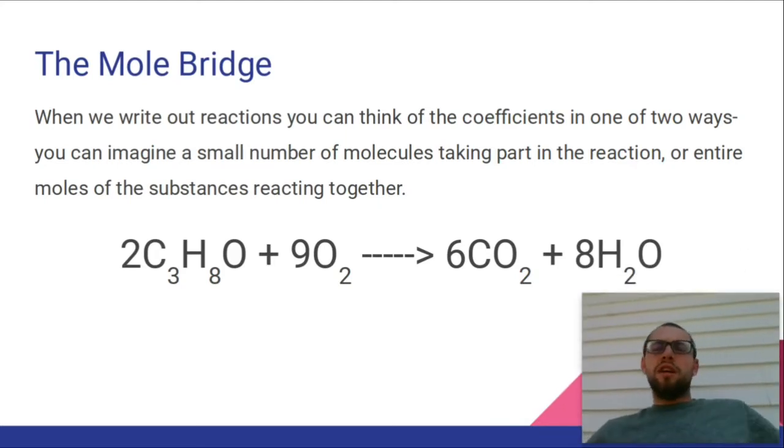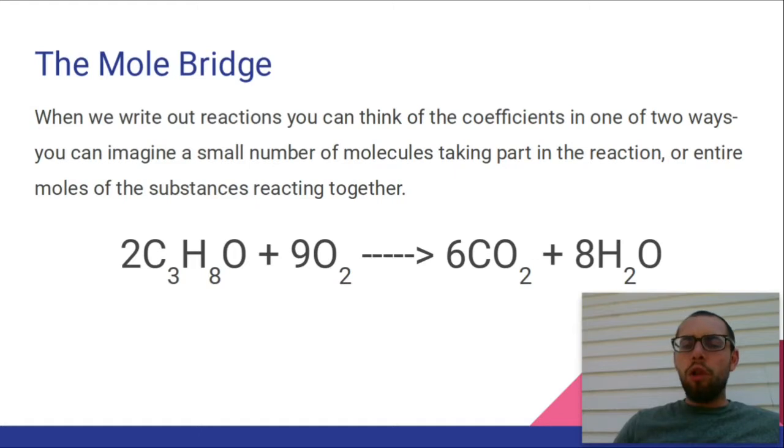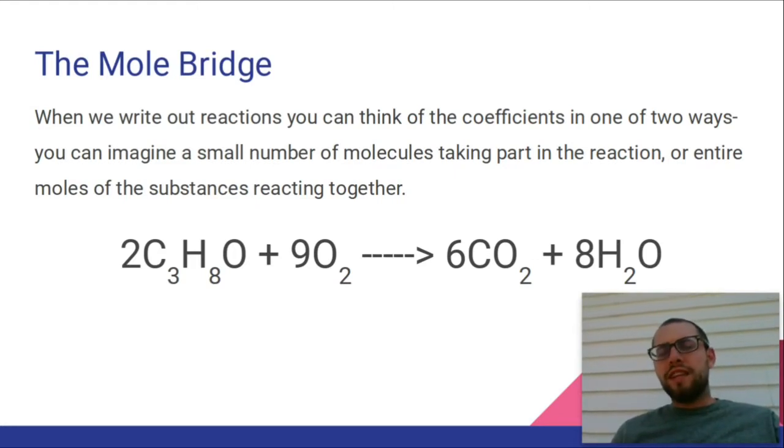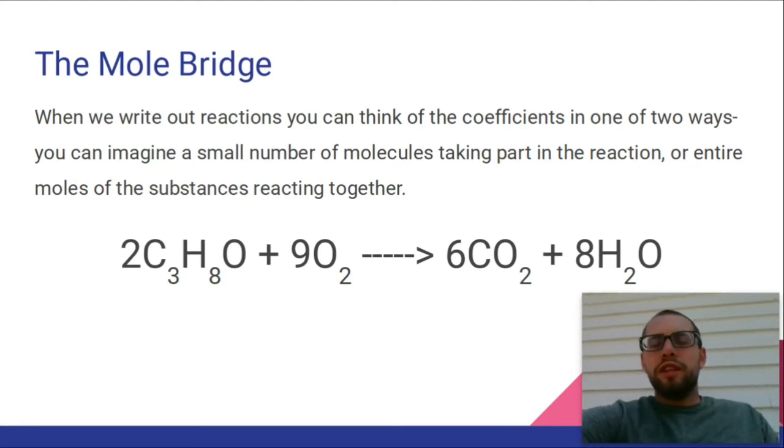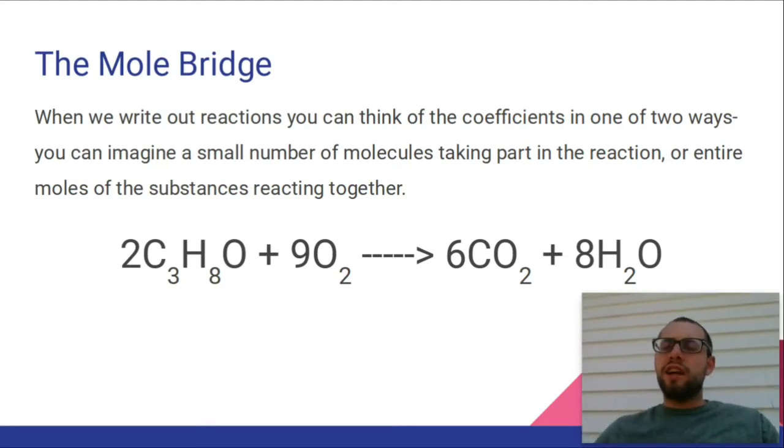Okay, so to start off our lecture on stoichiometry, I want to introduce this topic called the mole bridge. Hopefully we're getting comfortable with this idea of the mole. The mole is a counting tool. It's a number. Just like a dozen means 12, a mole means Avogadro's number, 6.022 times 10 to the 23rd.